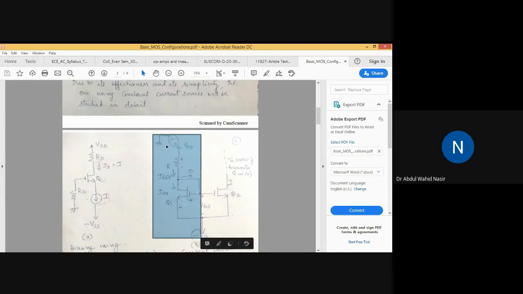So the first term will be plus VDD minus I reference into R, then minus VDS, then minus VSS is equal to 0.